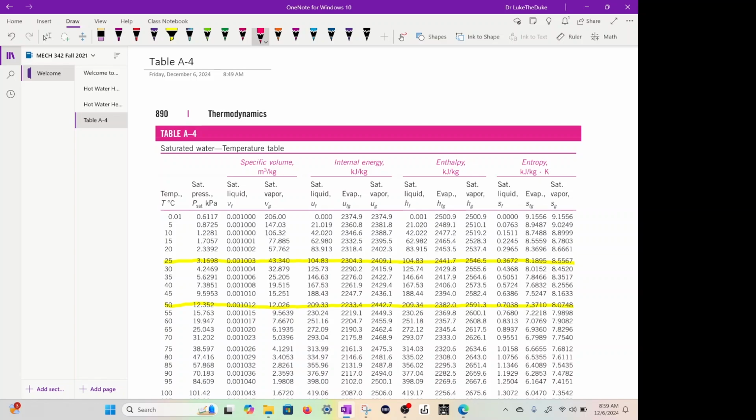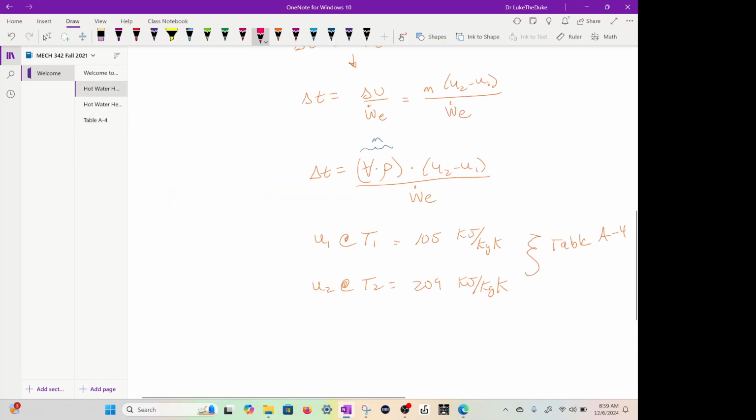Right there, 105, I rounded, and then at 50, it's 209. Remember, f is the saturated liquid, and we can use that for water, where g is the saturated vapor, on the right side of the vapor dome, that's a gas. We're looking at liquid, so u_f. So we can find these values and plug them back in.